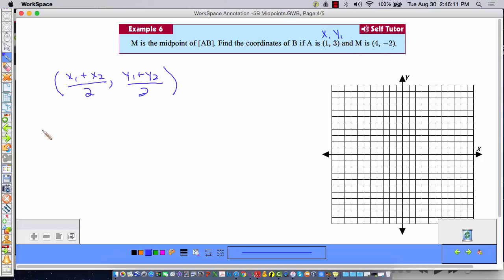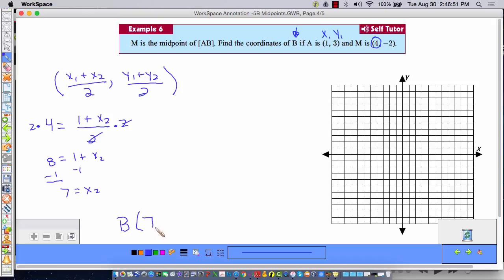So for the x-coordinate, 4 has to equal, using this formula, (1 plus x2) divided by 2, where x2 is the x-coordinate for B. I can easily solve that, multiplying both sides of the equation by 2. These cancel. I get 8 equals 1 plus x sub 2. Subtract 1, and I get 7 is equal to x sub 2. So the x-coordinate of B is 7.